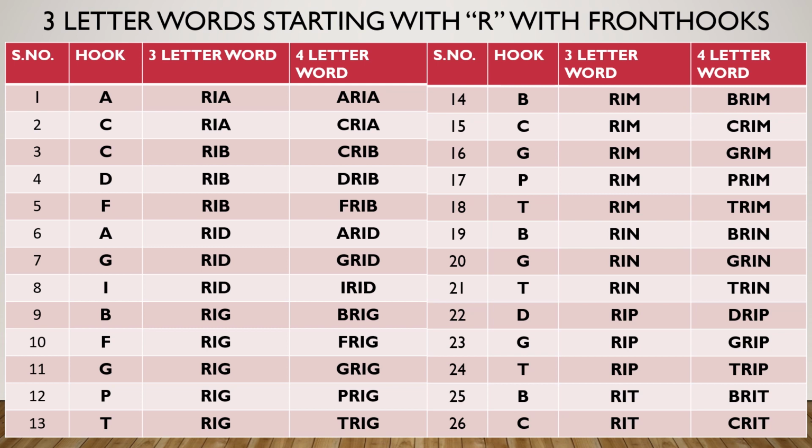RID makes words like ARID and GRID. On this part of the slide, we see RIM, making words like BRIM and CRIM. Then down the line, BRIN and TRIN. And RIP makes very good words like DRIP, GRIP, and TRIP, etc.